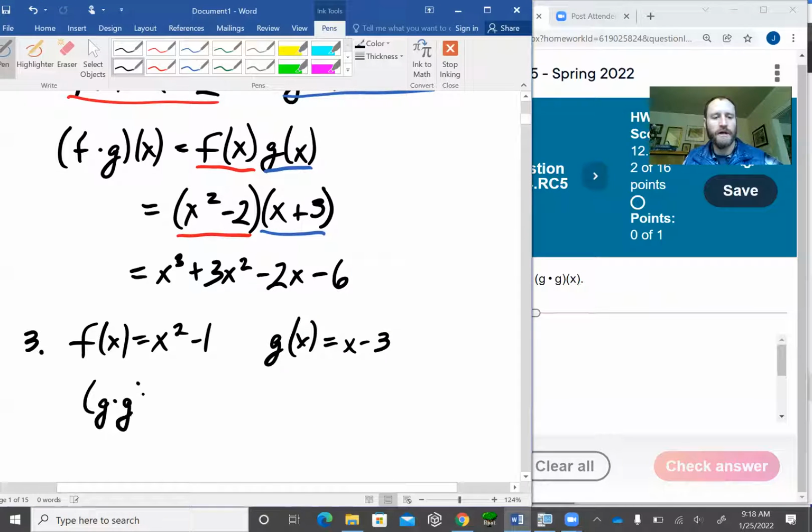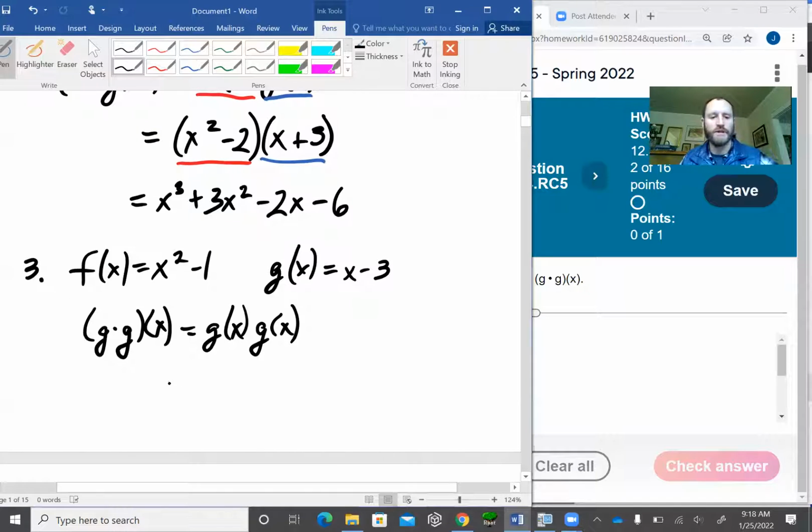G times g of x. Well, that doesn't involve f of x. That would be g of x times g of x. So instead of using the formula for f, both parentheses will have x minus 3. So that just means x minus 3 times x minus 3. Both of them are g of x.